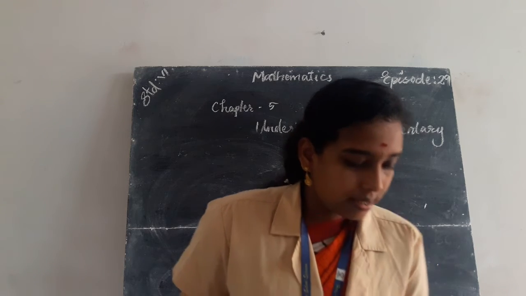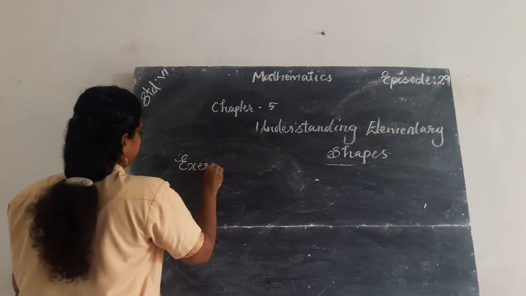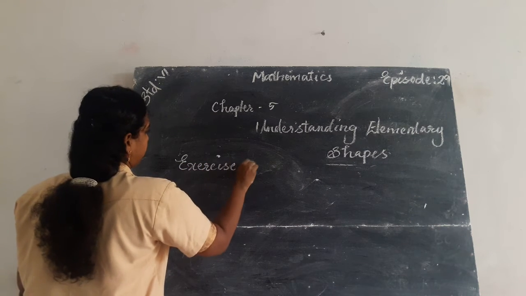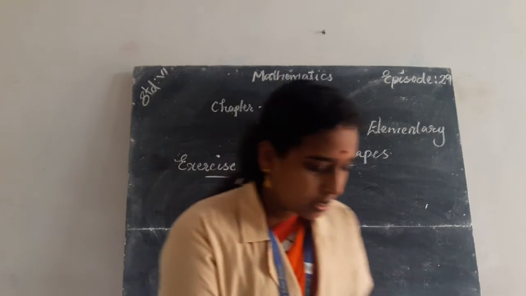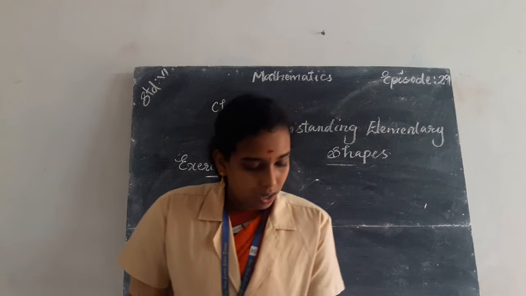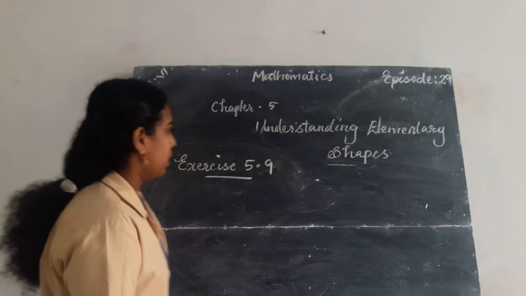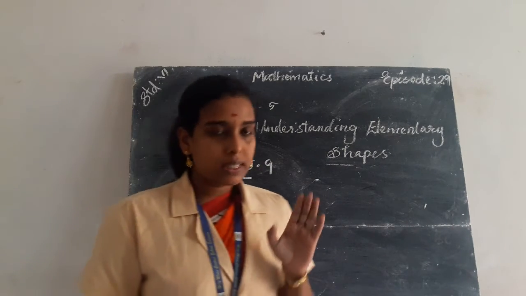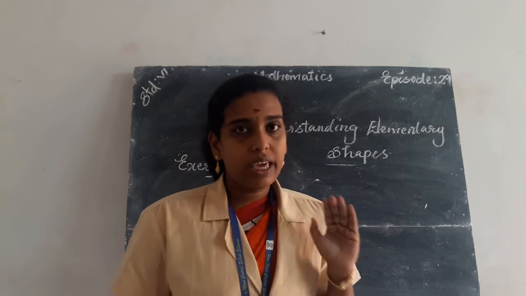Okay. So exercise 5.9. Okay, so if we draw a cube, then each side of the cube is flat and is called a face of the cube.